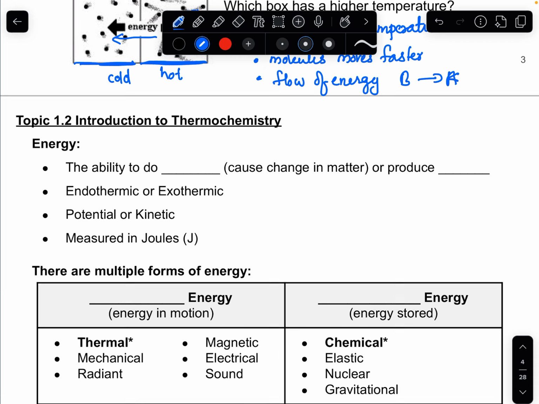Now, introduction to thermochemistry. Okay, so let's go.